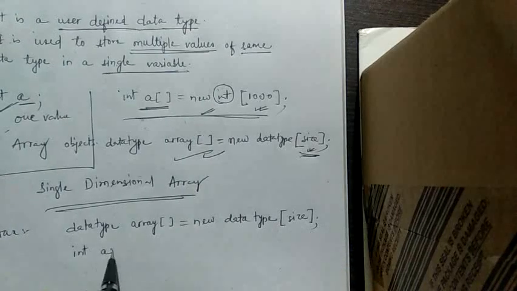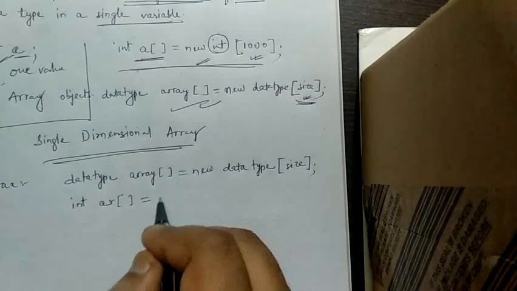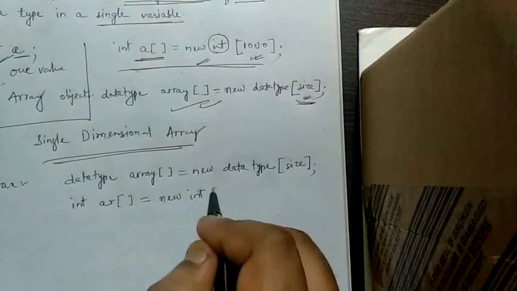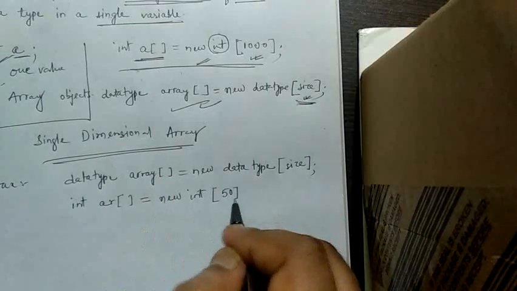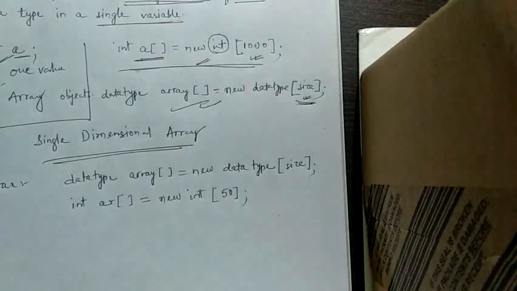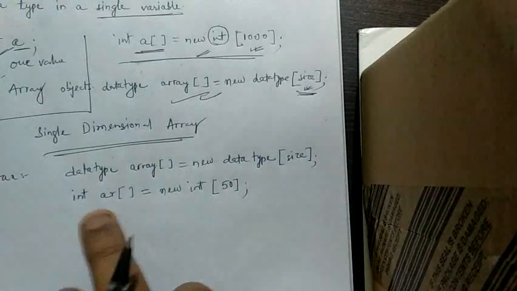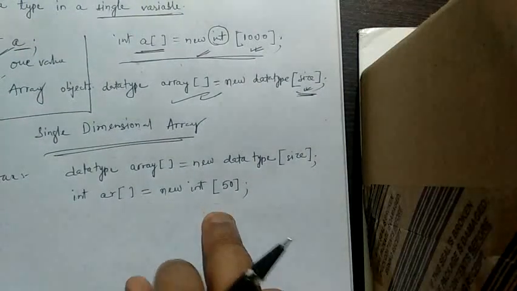So suppose I want to declare an array of integer. Let the name be AR is equal to, I can write as new int. Let us suppose I want 50. So the total number of values that could be stored in this array will be 50.